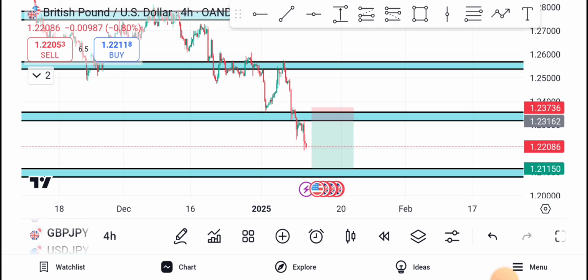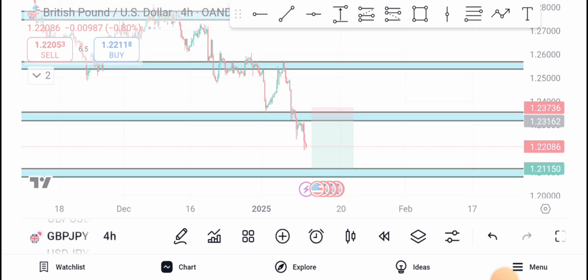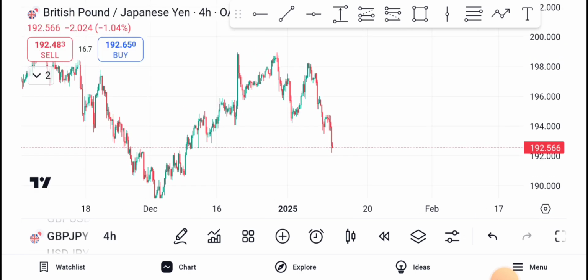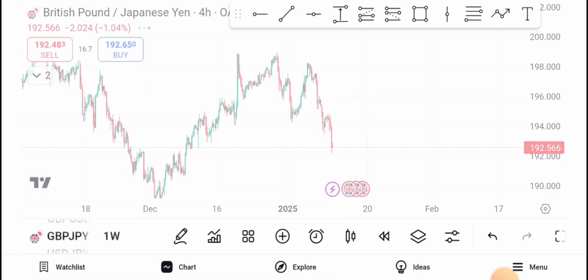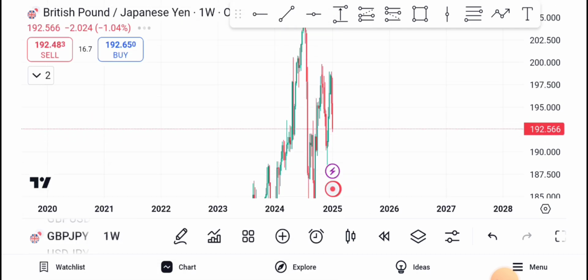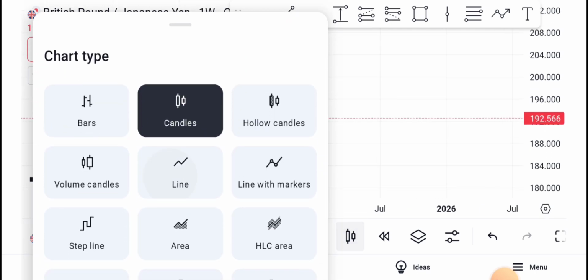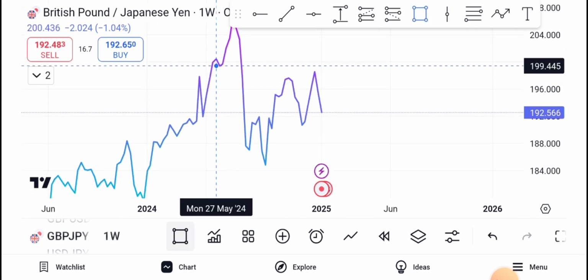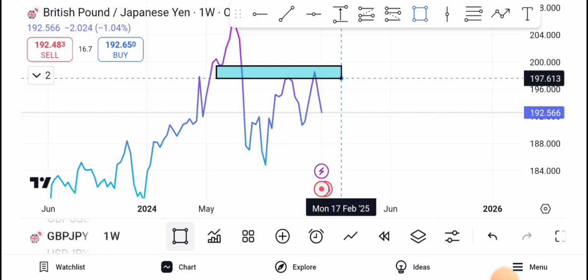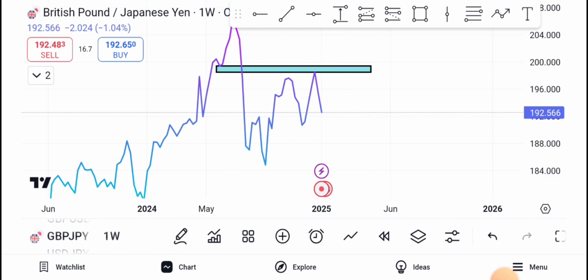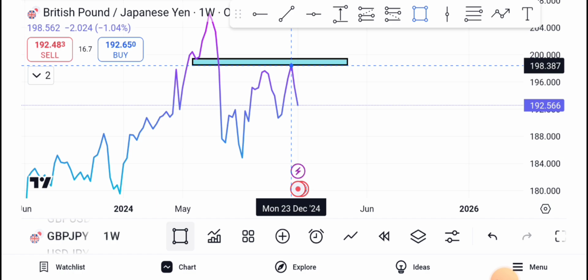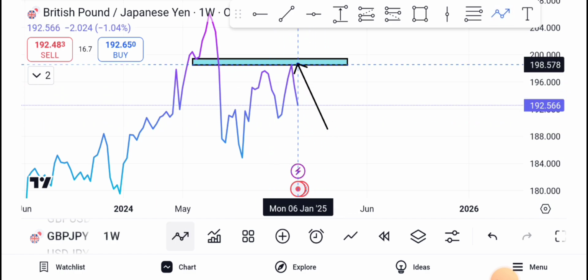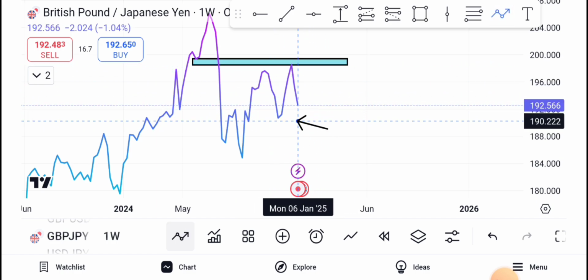Let's do another example on a different pair. Okay, so what will you do? First of all, come to your weekly time frame line chart. What am I seeing? Market rejected from here, turned it into resistance, and price seems to be pulling back to this zone.